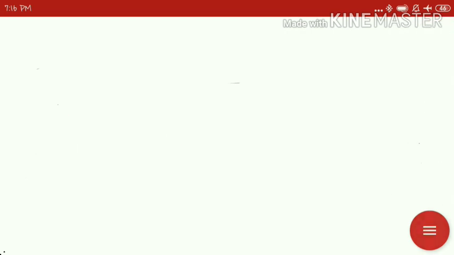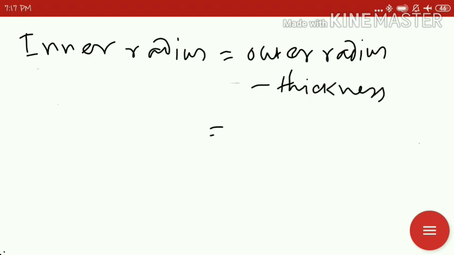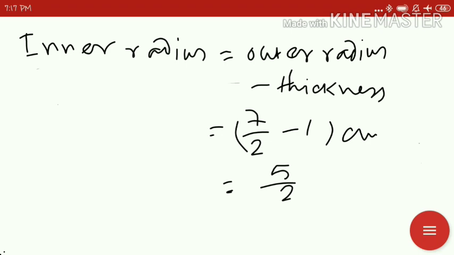So the inner radius equals outer radius minus the thickness. The outer radius, I already found, is 7 by 2 minus 1 centimeter, so that is 5 by 2 centimeter.